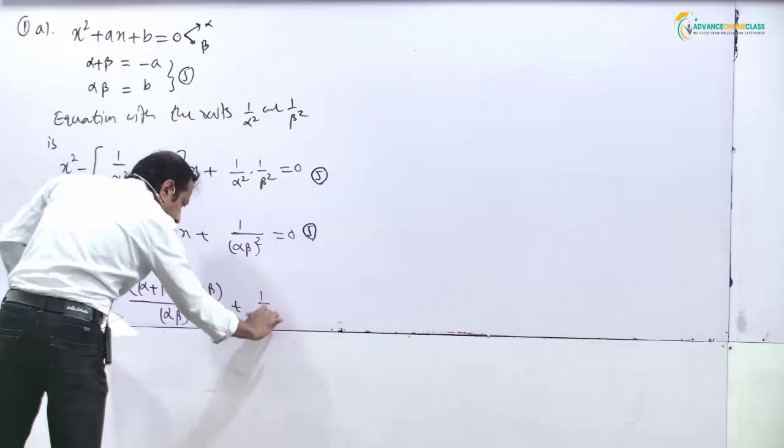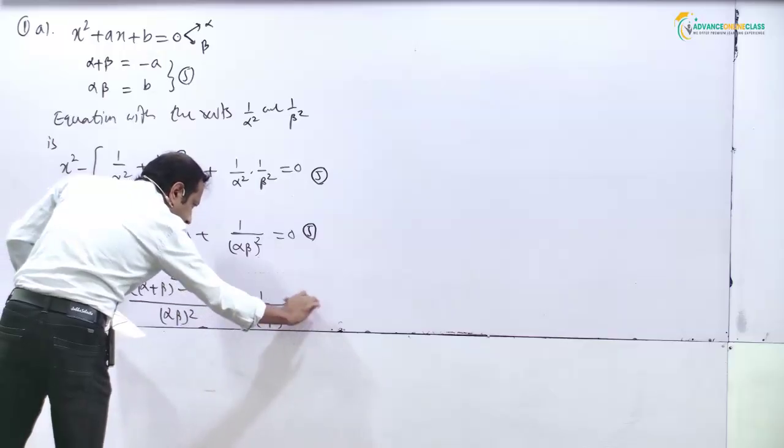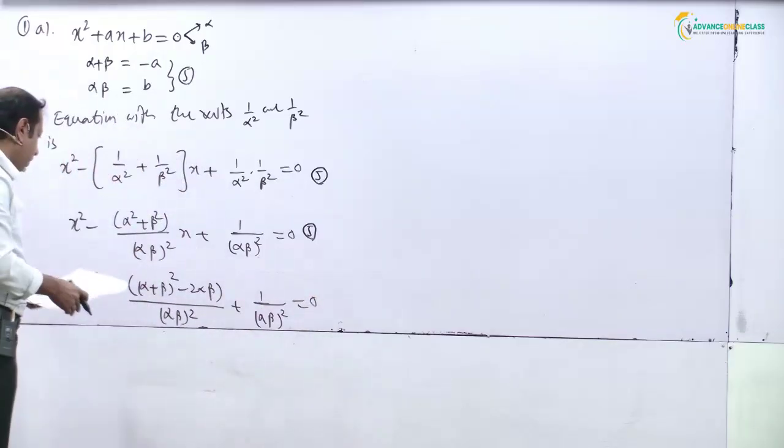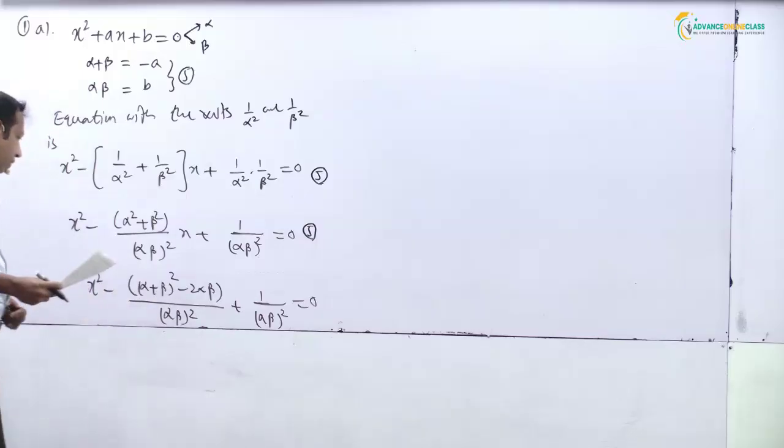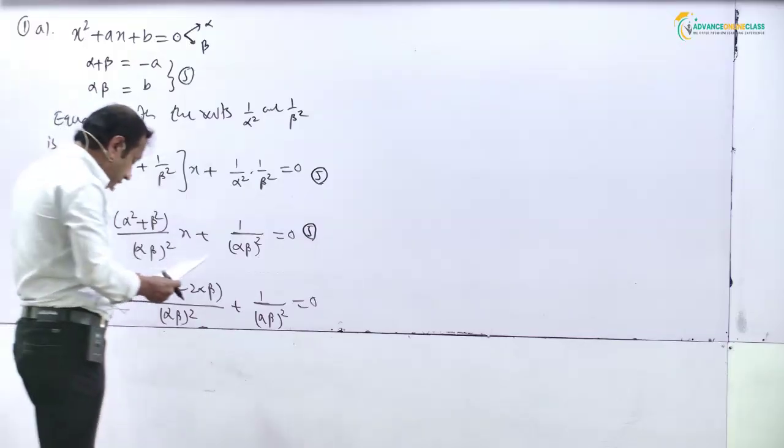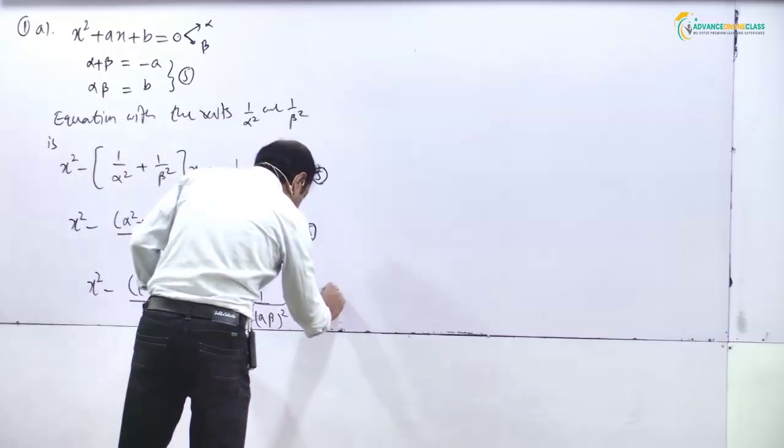Right, this way. Okay, alpha squared plus beta squared we can write like this: alpha plus beta perfect squared minus 2 alpha beta. For that also another 5 marks you get.